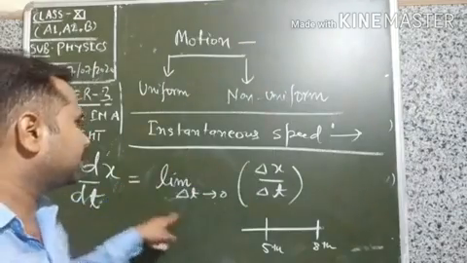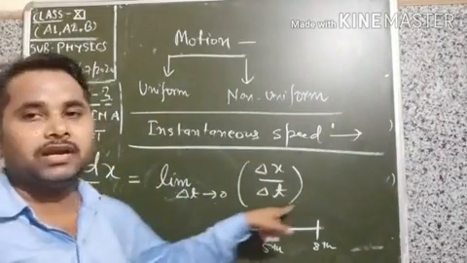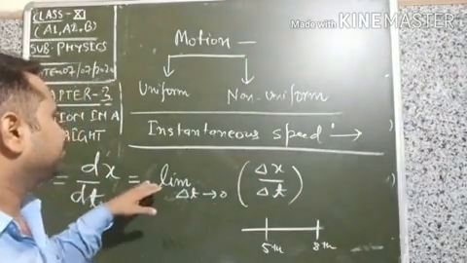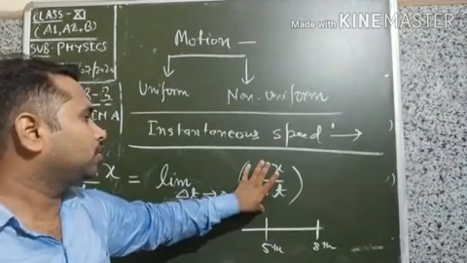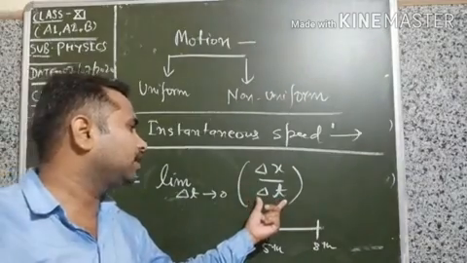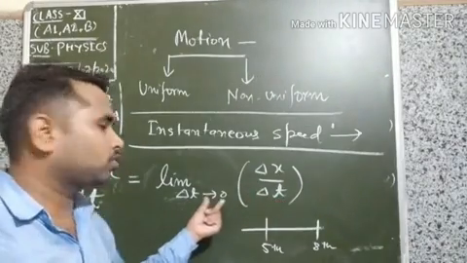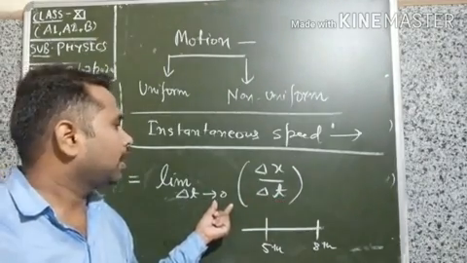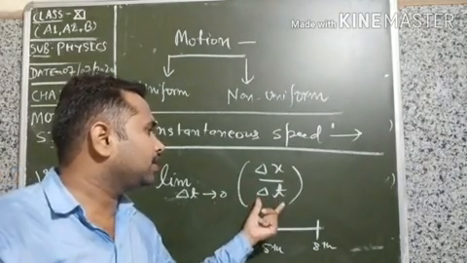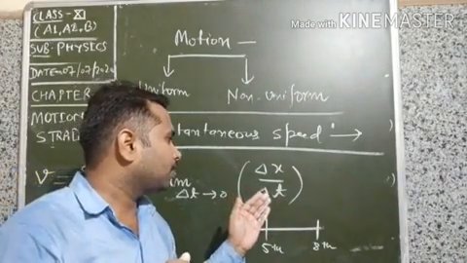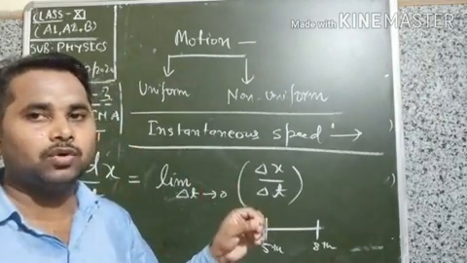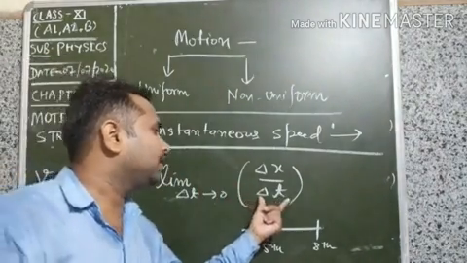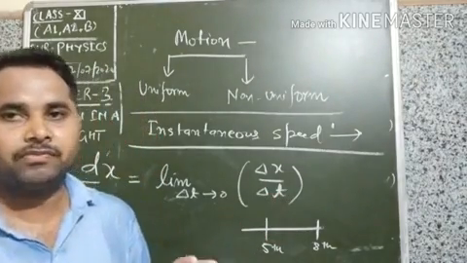कैसे इसको पढ़ना है? Instantaneous speed is defined as the limiting value of average speed of the body for the given time interval delta t which approaches to 0, and the instant time, जिस instant time पे speed निकाल रहे हो वो instant time जो है delta t के बीच में आनी चाहिए.